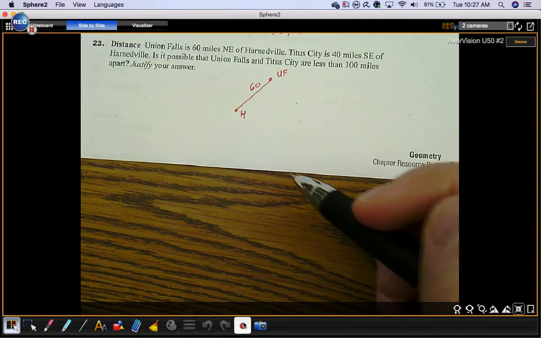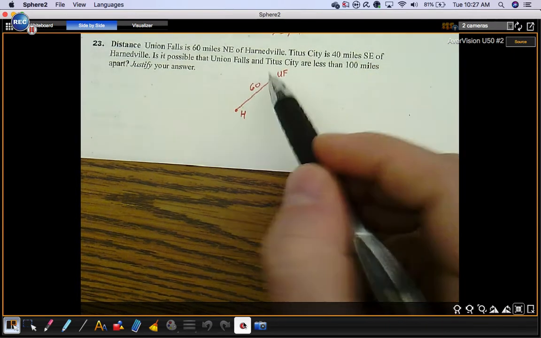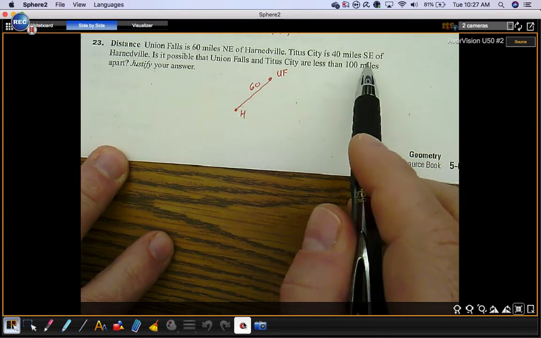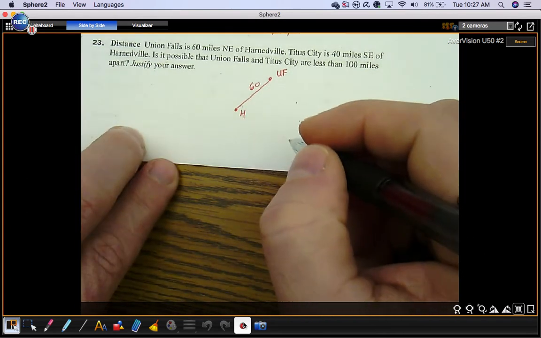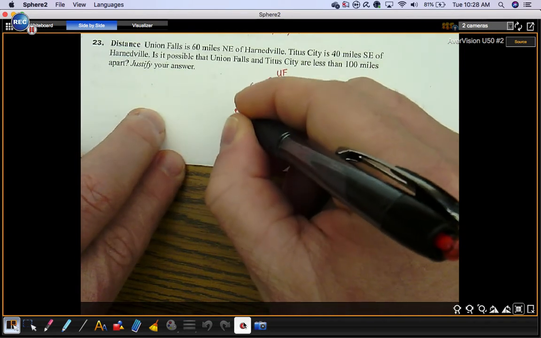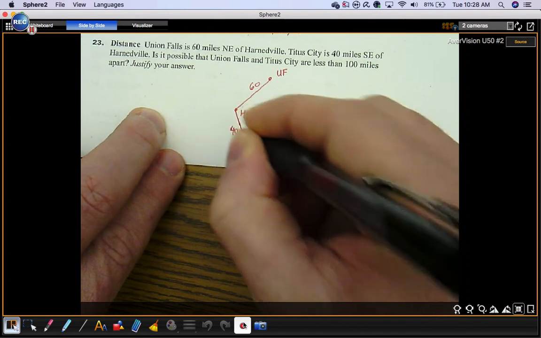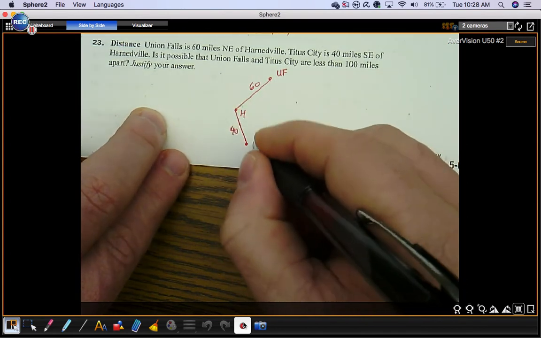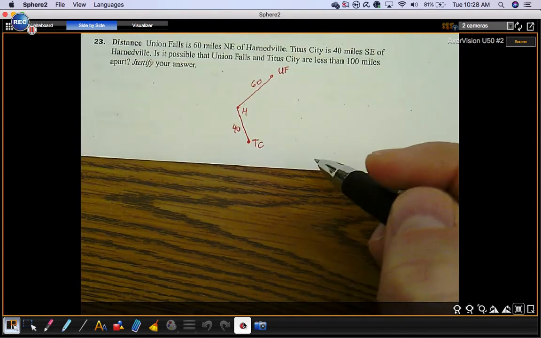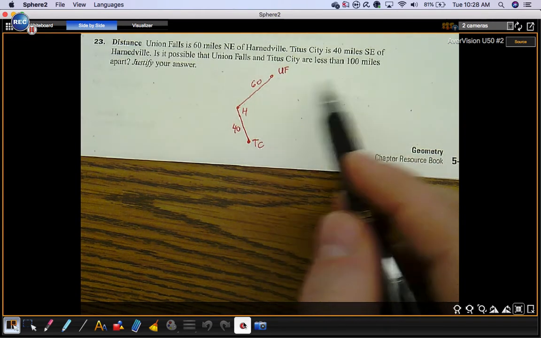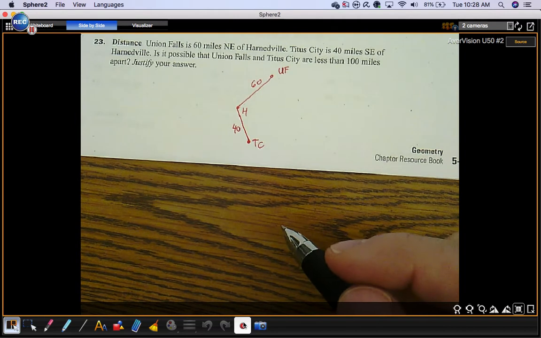That's probably not geometrically correct, but it means Union Falls. Also, Titus City is 40 miles southeast. So I'm going to go this way, 40 miles, and we're calling that Titus City. So again, I'm using 2 letters. Not the best thing. Is it possible that they're less than 100 miles apart?